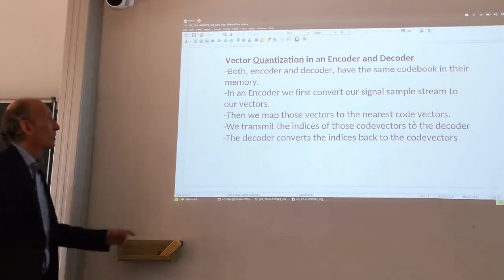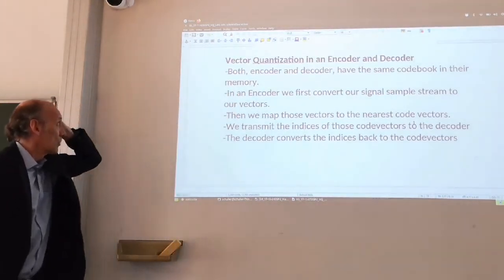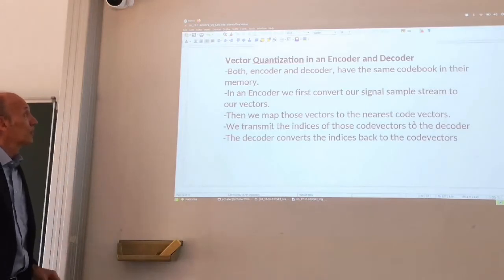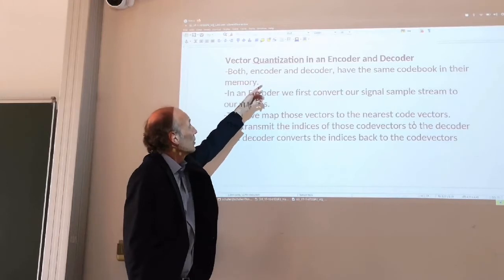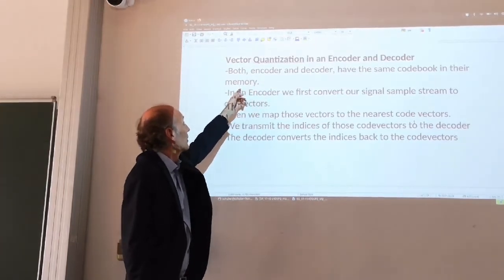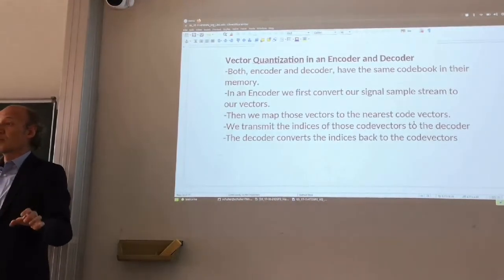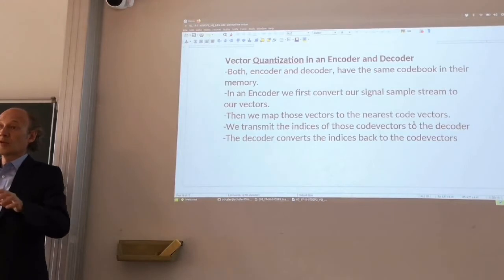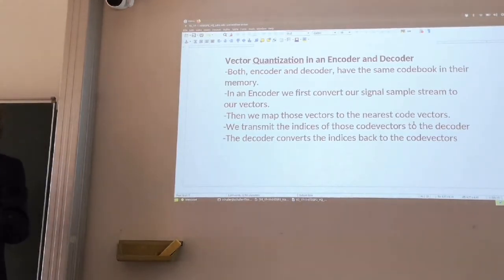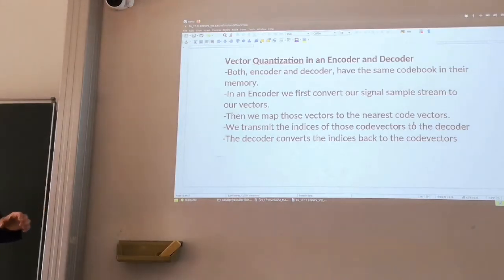Yeah, so in an encoder and decoder setting, we would use vector quantization, where both encoder and decoder have the same codebook in their memory. So basically, you train on the training set, and if you design your system, both get the resulting codebook. You obtain the codebook from the training set, and this codebook then goes into memory. It's fixed.